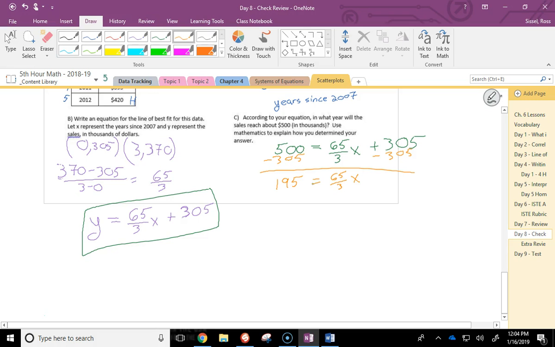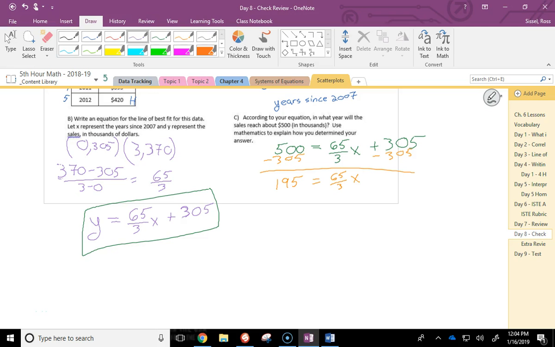When we have a fraction times a variable, to undo the fraction, we have 65 thirds times x. Simplify, x still.